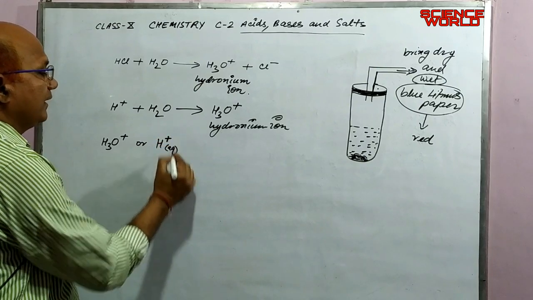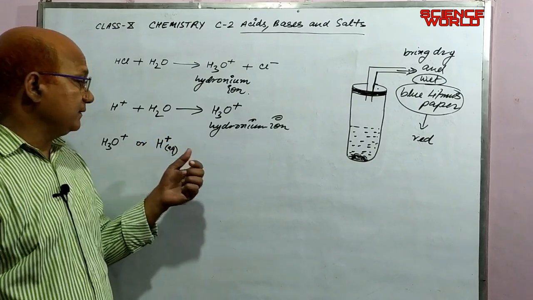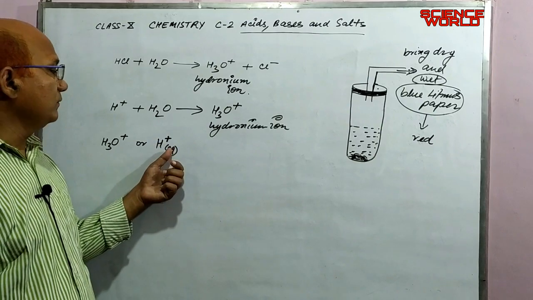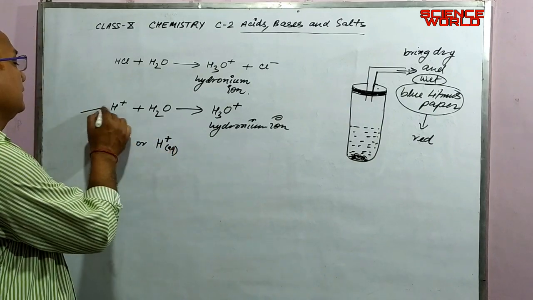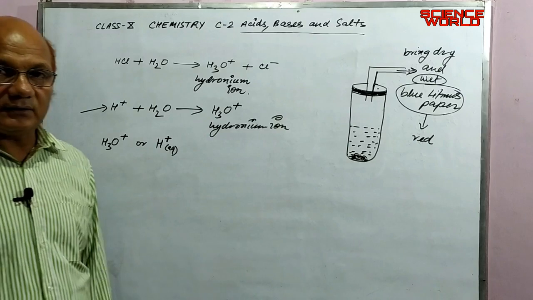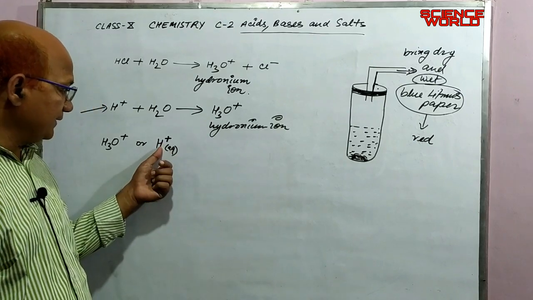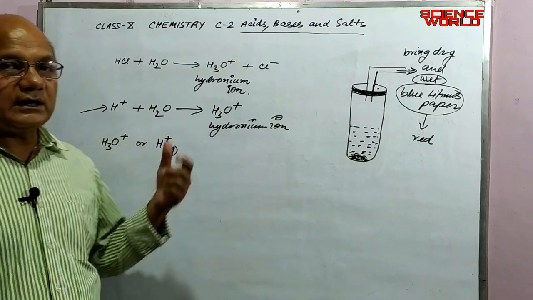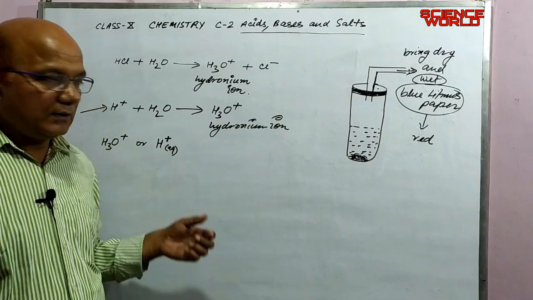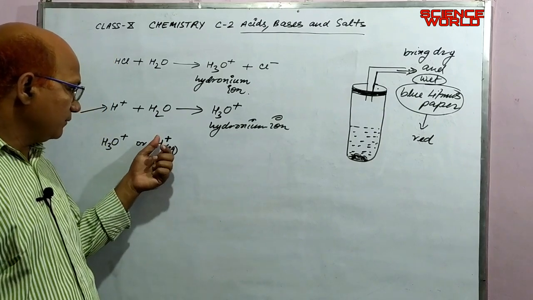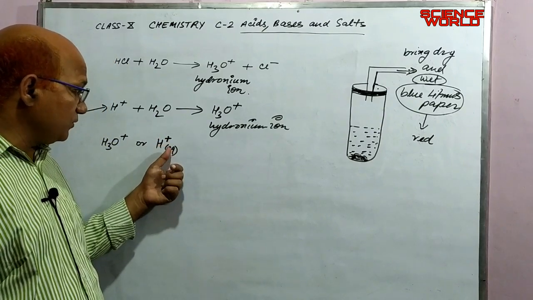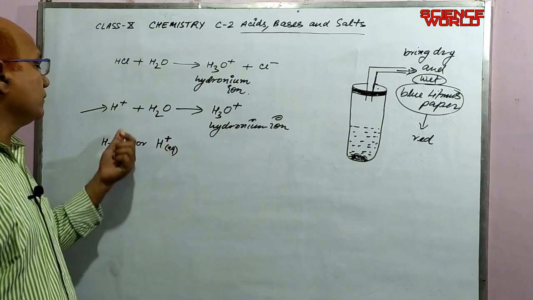So, every time we should write H plus (aq), we can't write H plus only. Okay? This is a very important thing. When hydrogen ions are produced in the reaction, we should write H plus (aq) or hydronium ion.